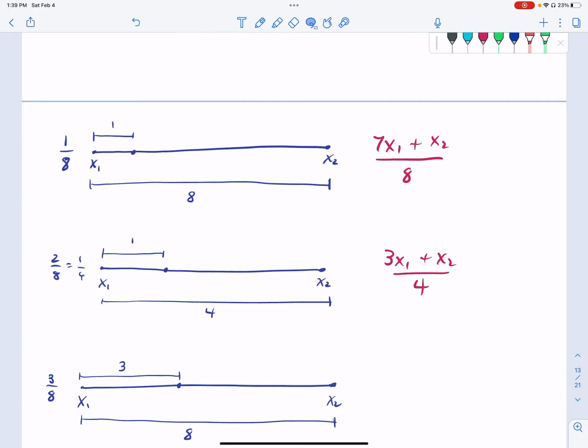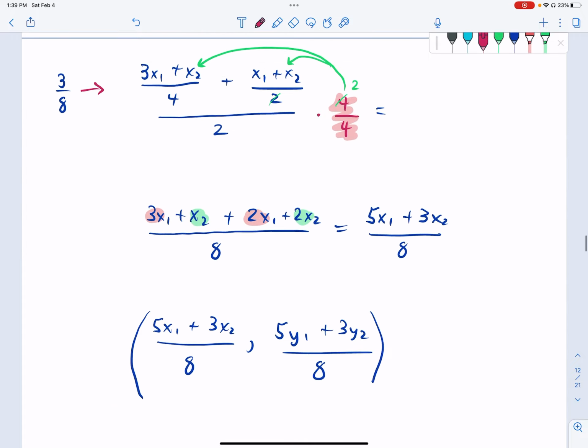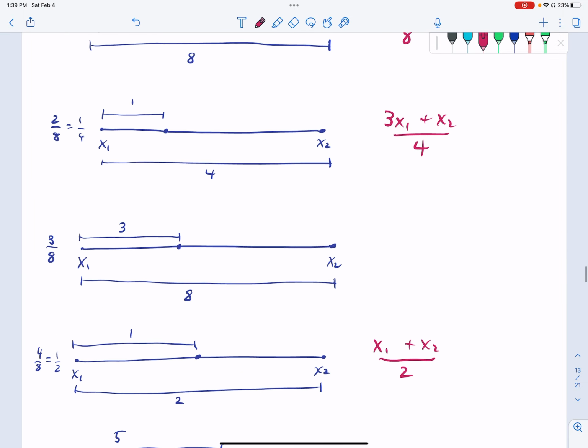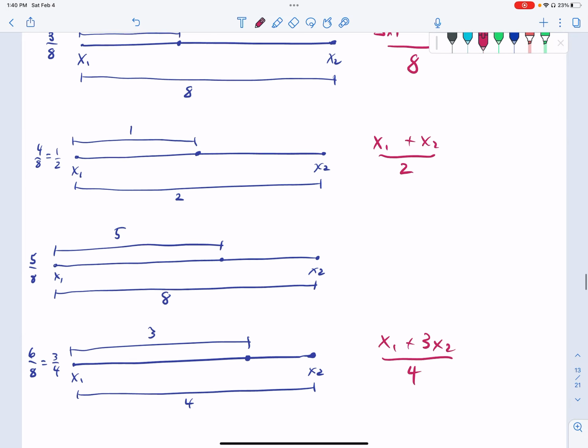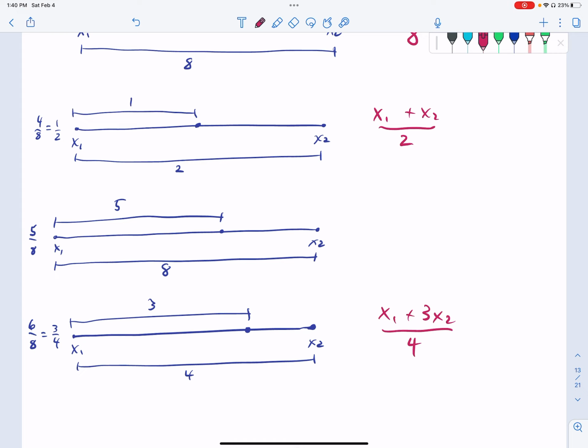Okay, let's look at our 3/8 point, which we just did. We have 5x1s plus 3x2s, also over 8. There's our midpoint. 5/8 goes like this: 3x1s plus 5x2s over 8.